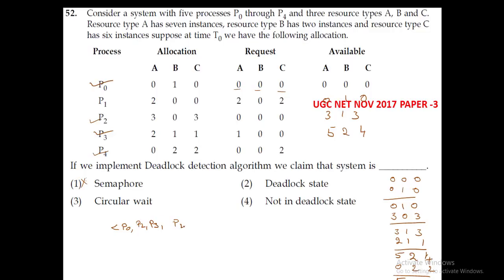So next, the 2, 0, 2 is requested by the process P1, so we can easily allocate it, and P1 also completes. Here all the processes can successfully complete their execution, so we can easily say that it does not cause any deadlock, so option 4 is the right one, that is, not in deadlock state.